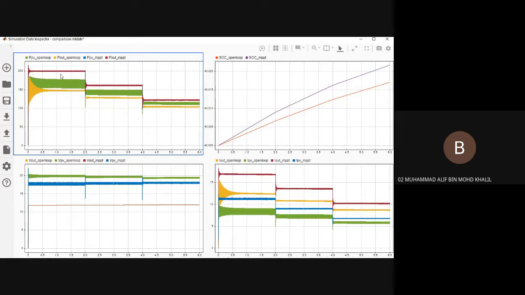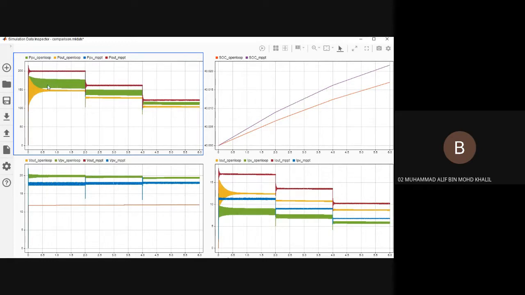So at 1000 it reached the maximum power, and for the open loop, both the PPV and P out have not reached it, and they have a big settling time compared to the P out of the MPPT algorithm.